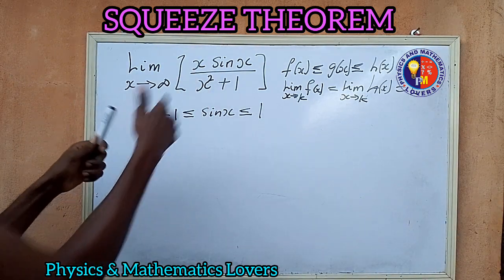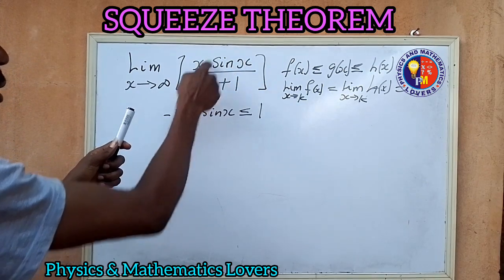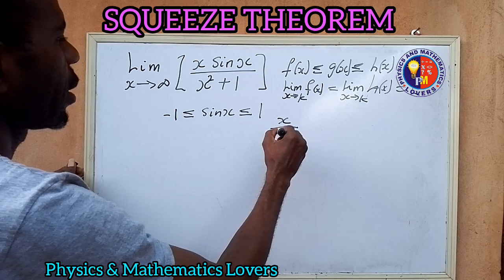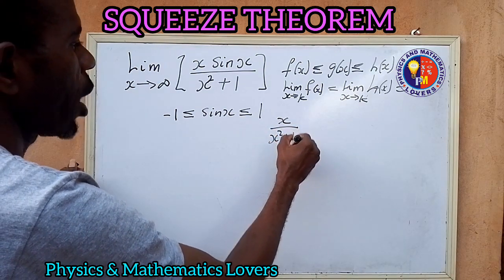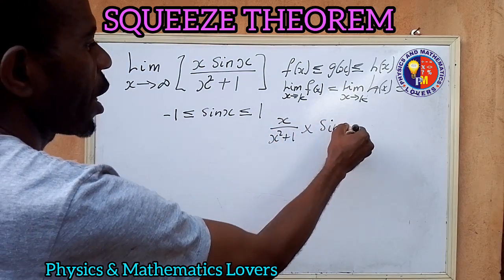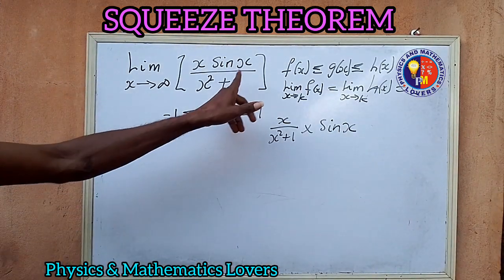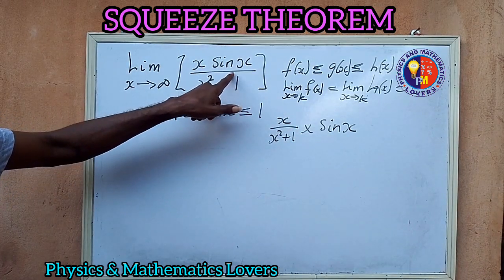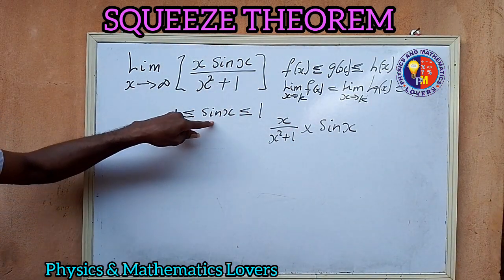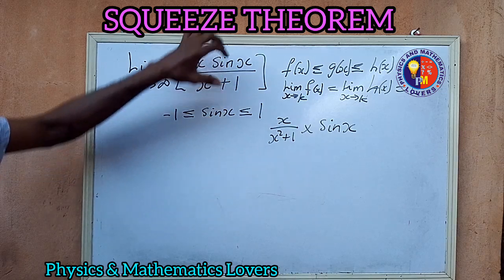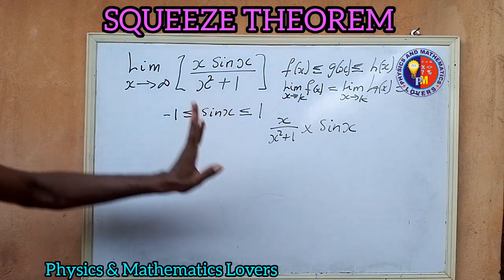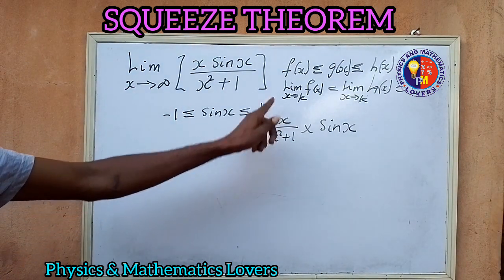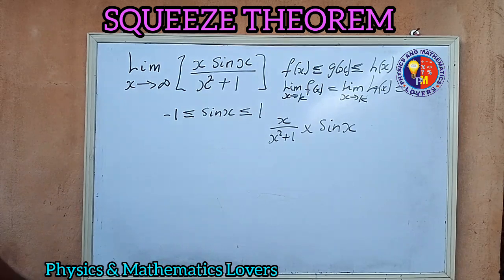It is x over x squared plus 1 times sine x. So the function goes in the middle, the lower bound on the left side, and the upper bound on the right side.